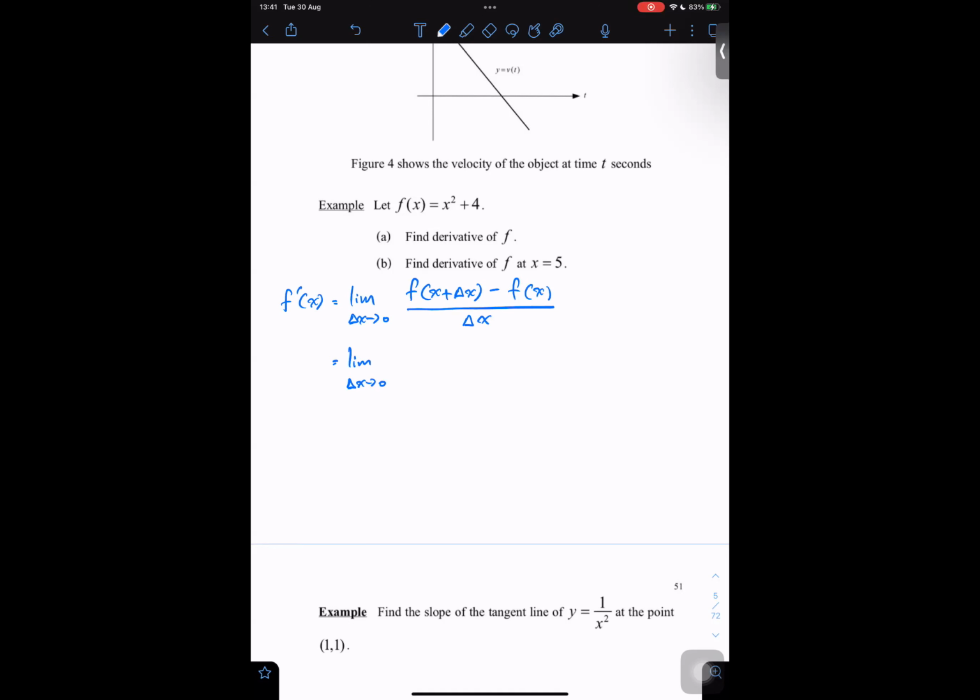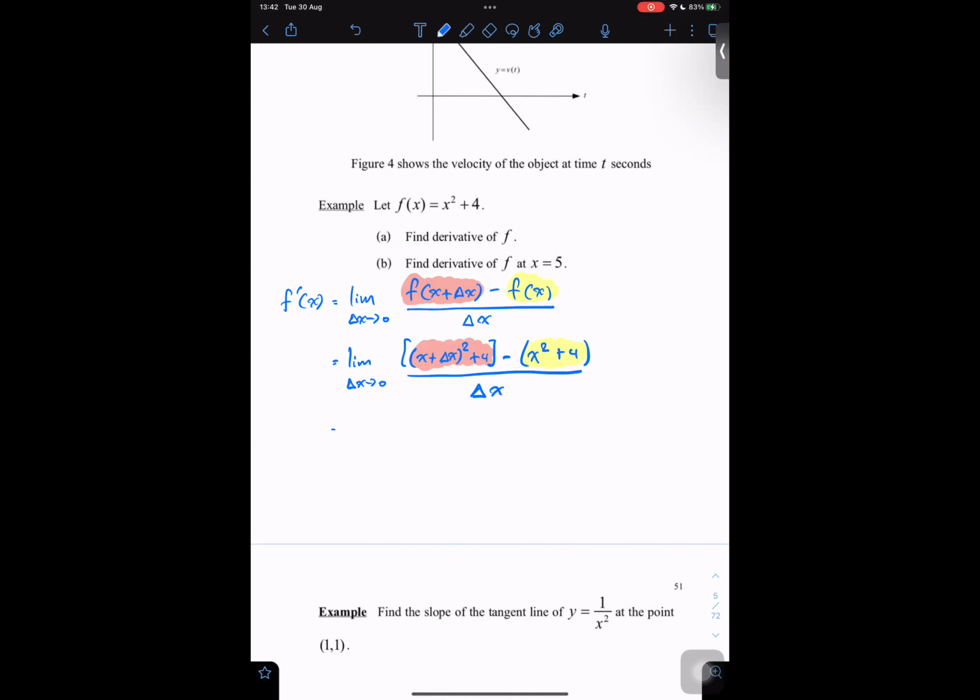You can just plug in: f of x plus delta x will be x plus delta x squared plus 4, minus x squared plus 4, all over delta x.